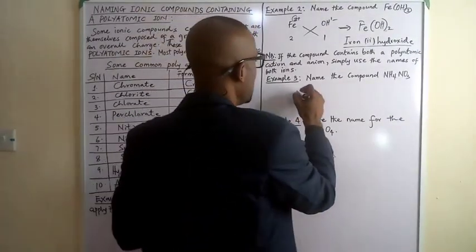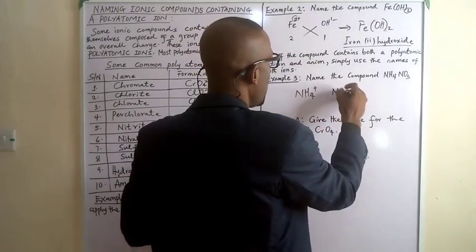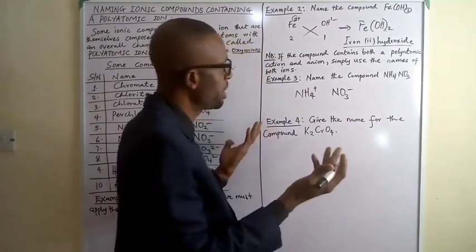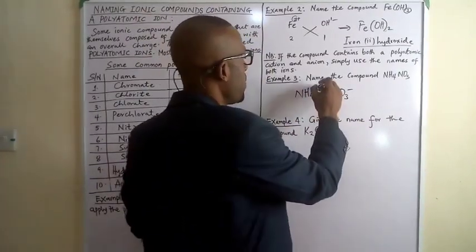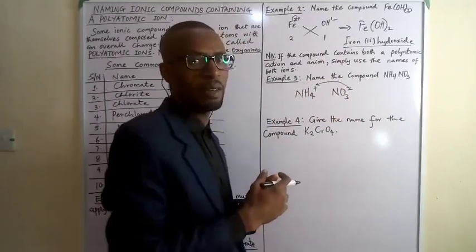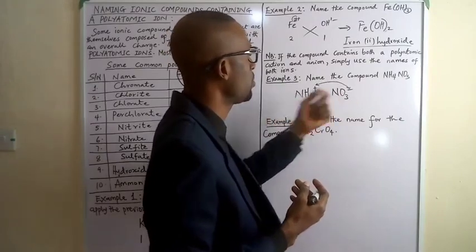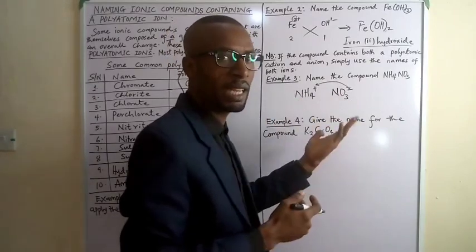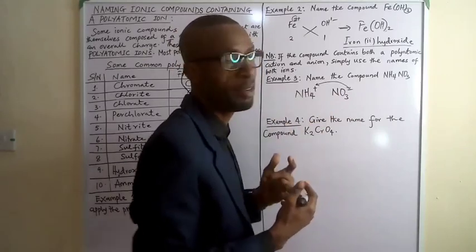So we break it into NH4 plus and NO3 minus. When you break them, you see that you have 2 ions that are held together by electrostatic attractive forces. So simply, when you have a polyatomic ion as a cation and a polyatomic ion as an anion, just name the 2 ions, and that gives you the name of the compound.